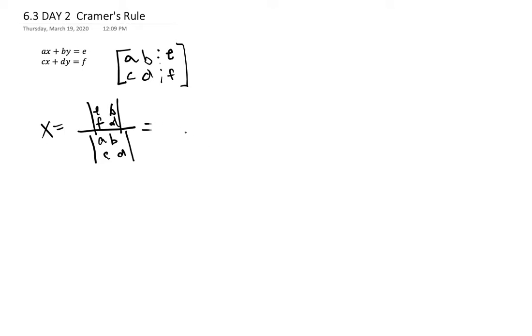If you remember, the determinant is ad minus c times b. The determinant of this would be the same sort of thing. You have e times d minus f times b. And that will be your answer, your x.